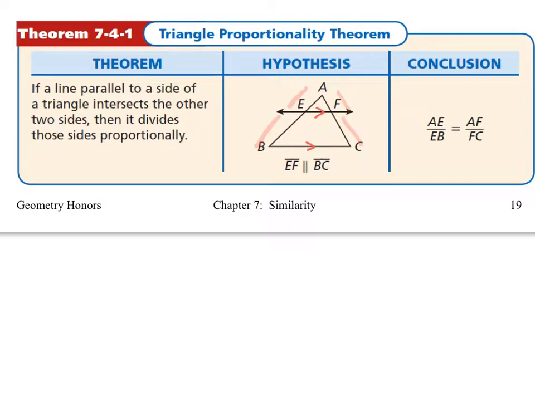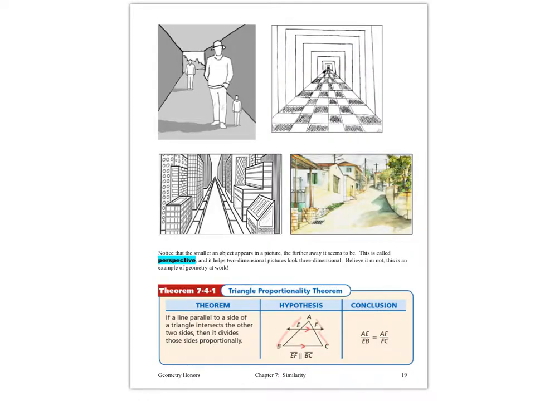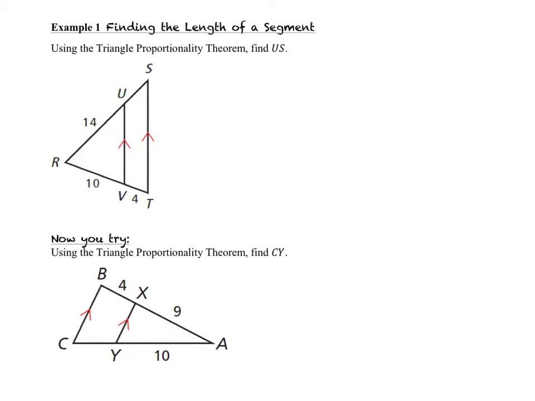This is going to allow us to solve problems associated with a triangle that is cut proportionally by this type of parallel line. Let's take a look at example 1 on the next page. The instructions for example 1 say, use the triangle proportionality theorem to find the length of US.